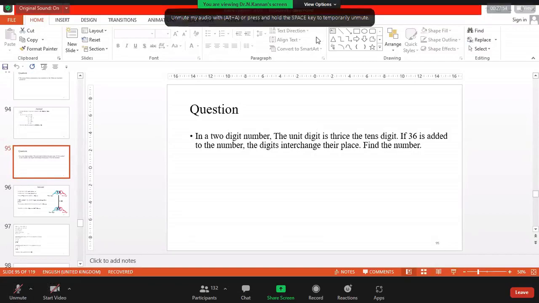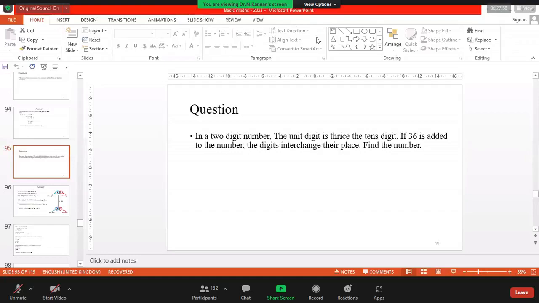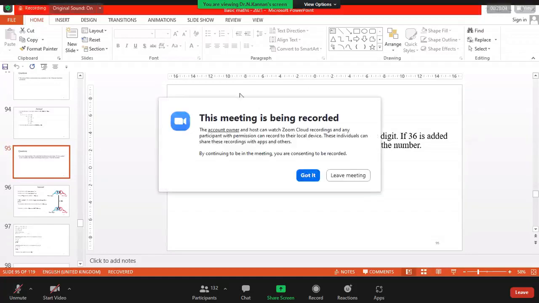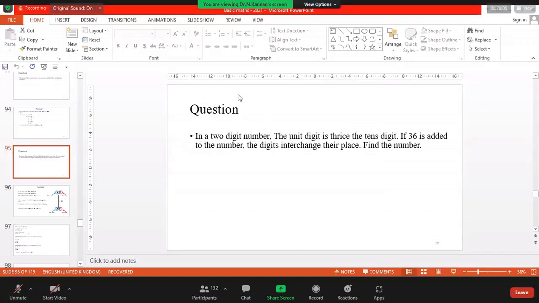Last time we did this calculation, yes or no? What do you say? So you have progressed, completed this one? Abhishan, you completed? Shamina, you completed this one?